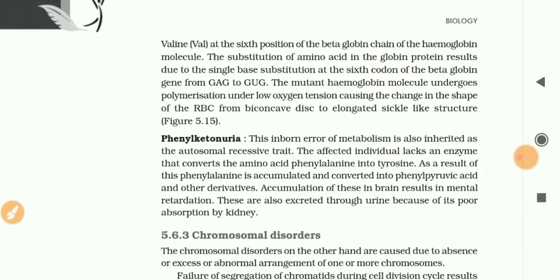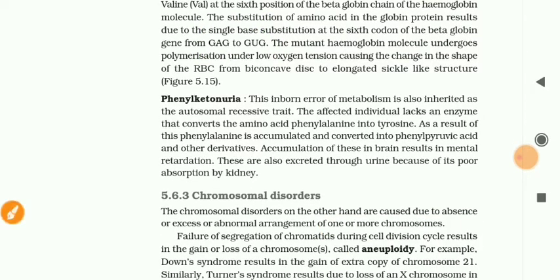The substitution of amino acid in the globin protein results from a single base substitution at the 6th codon of the beta globin gene from GAG to GUG. The mutant hemoglobin molecule undergoes polymerization under low oxygen tension, causing the shape of the RBC to change from biconcave disc to elongated sickle-like structure.